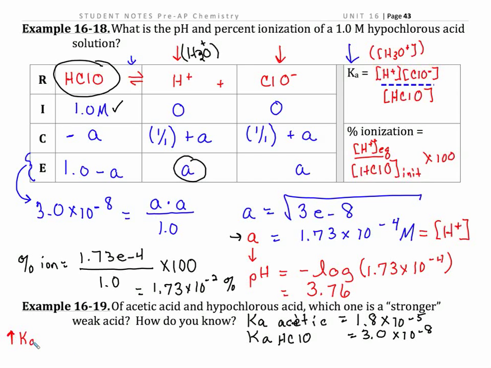As I increase Ka, I increase my concentration of products overall because products are in the numerator. That means I increase the percent dissociation or ionization. And that means we recall that then an increase in the strength of the acid. Now, both of these are weak acids, but of the two, acetic acid is the stronger.